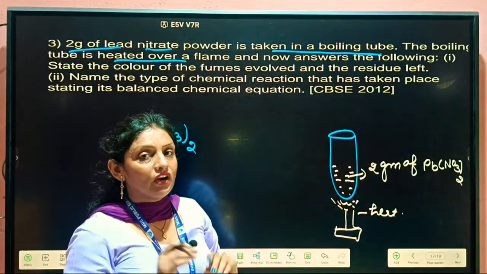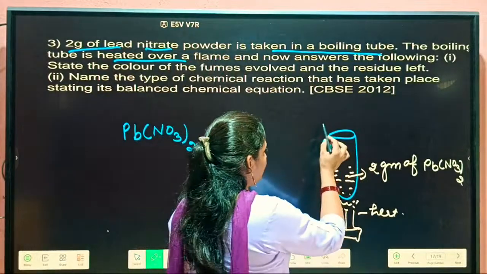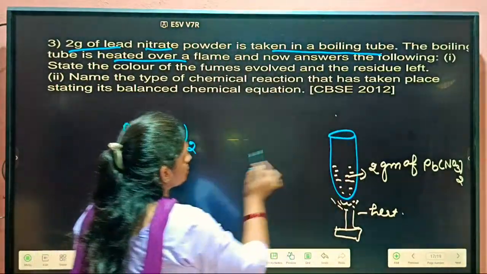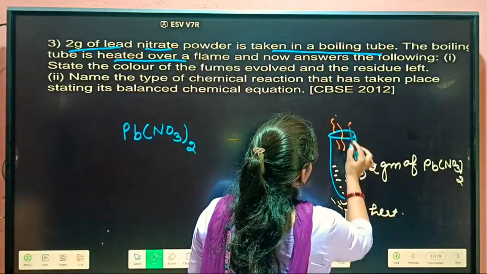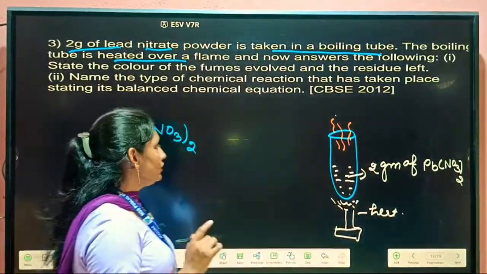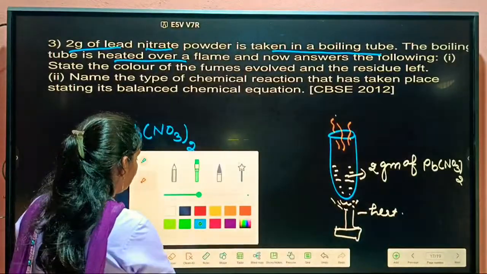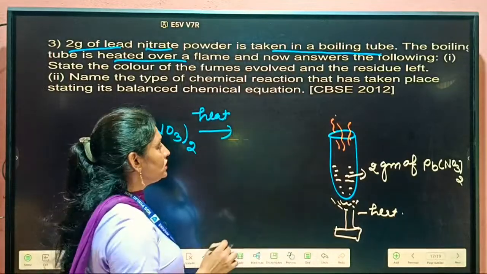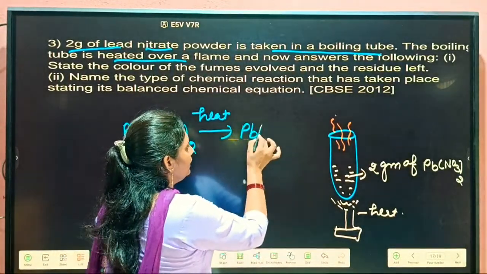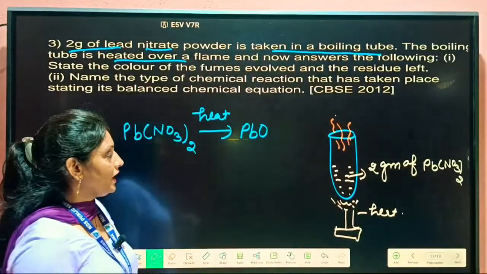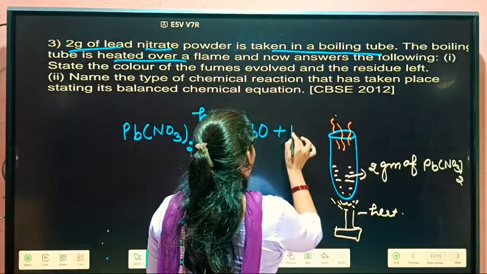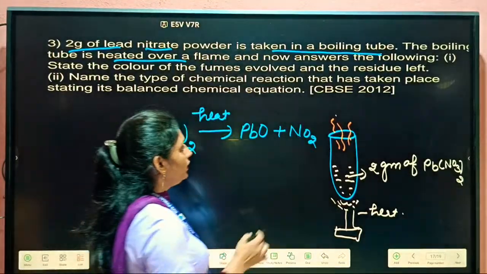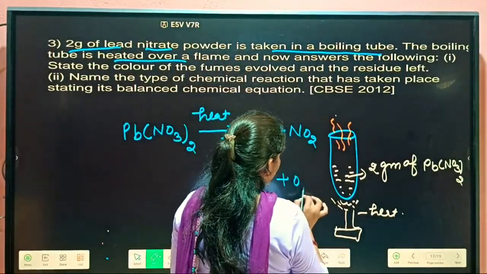Students, actually what will happen here, some fumes will be produced. After heating, it gives us lead oxide plus NO2, nitrogen dioxide, plus oxygen gas.